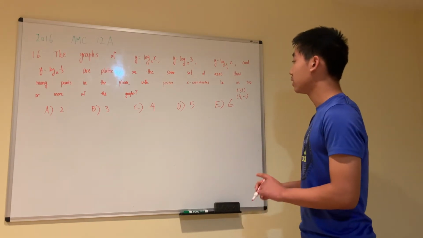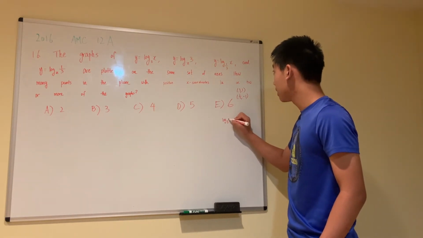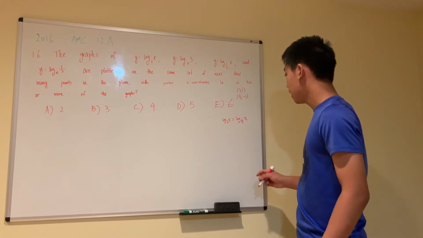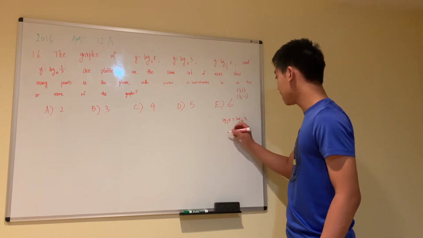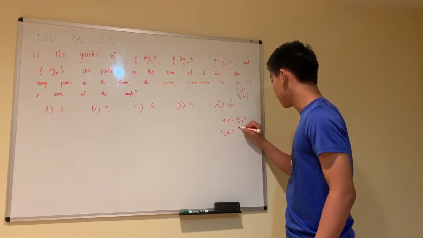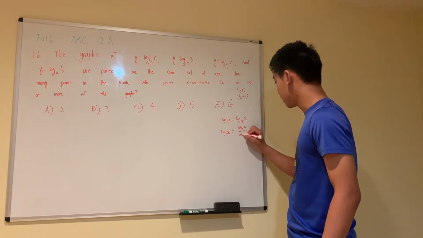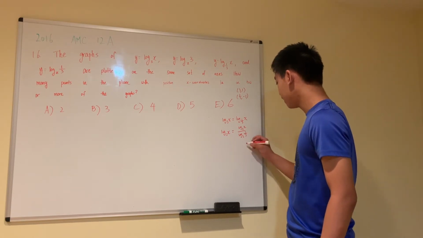So next we're going to equate these two. We're going to say log base 3 of x equals log base 1/3 of x. If we use change of base again, we're going to get log base 3 of x equals log base 3 of x over log base 3 of 1/3. Log base 3 of 1/3 is going to be negative 1.